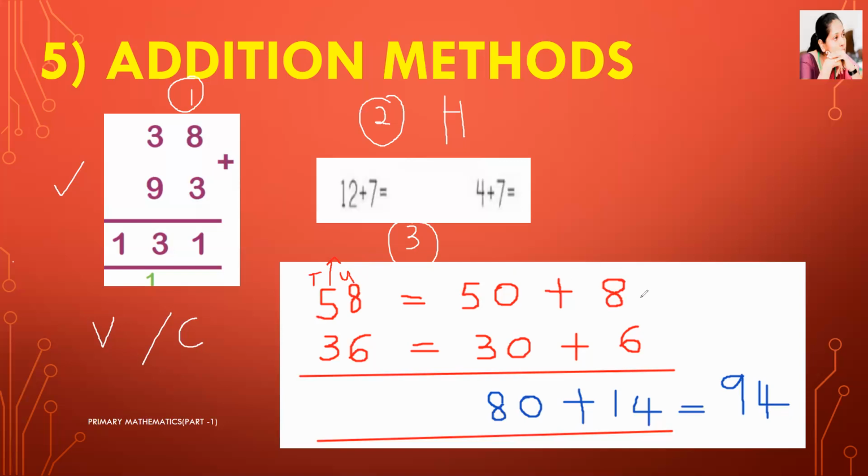So I have 50 plus 8, and 36 means 30 plus 6. So I can add 8 plus 6 is 14. 50 plus 30 is 80. So 80 plus 14 is 94. So these are the three main methods we use in primary grades when we are doing addition, right?